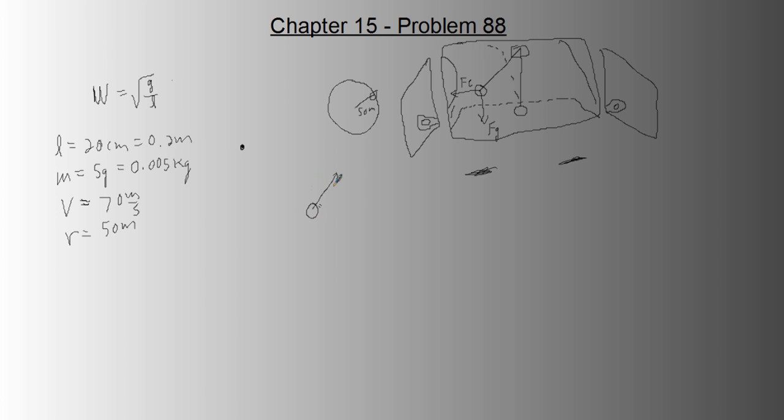We have the tension force pulling that way, which we're going to ignore because it's not going into restoring. We have Fg here and Fc here, so Fnet is the hypotenuse between these two.